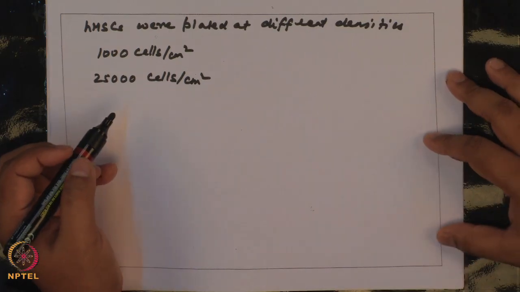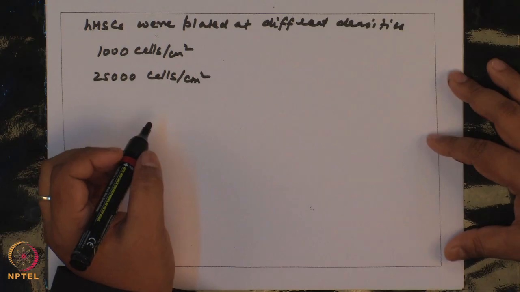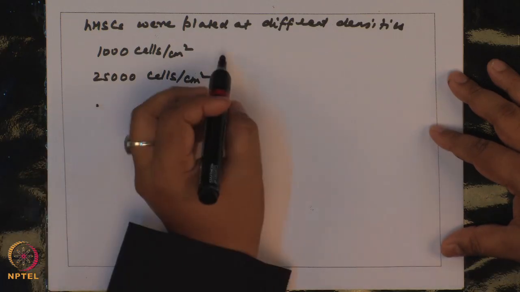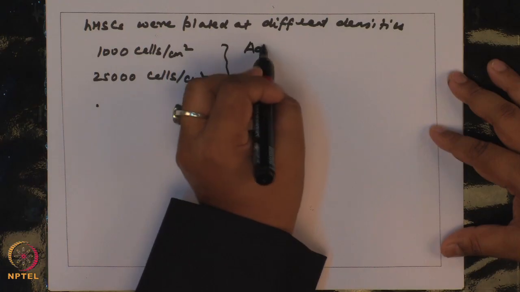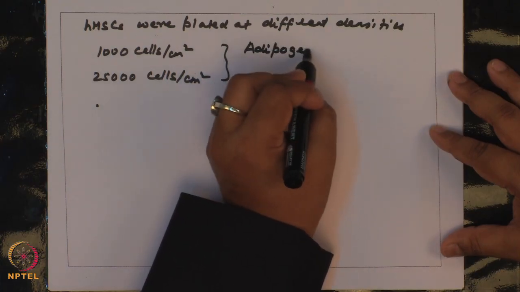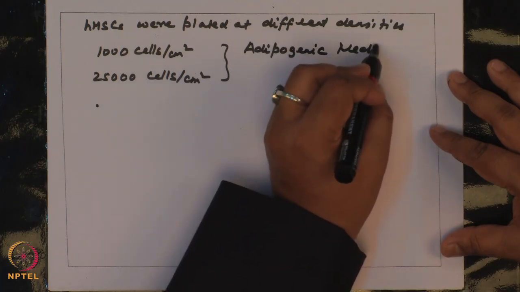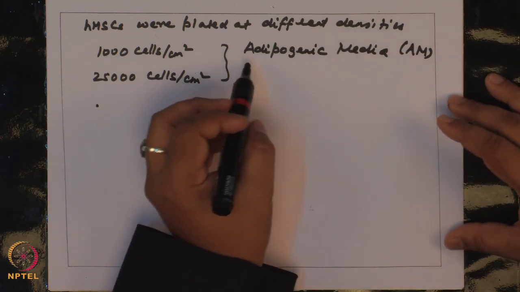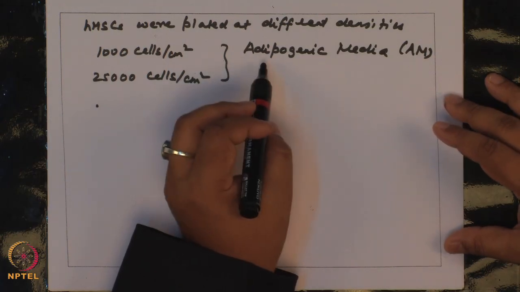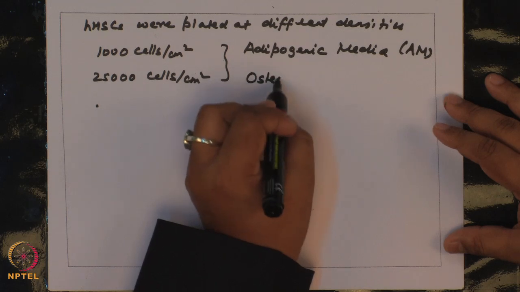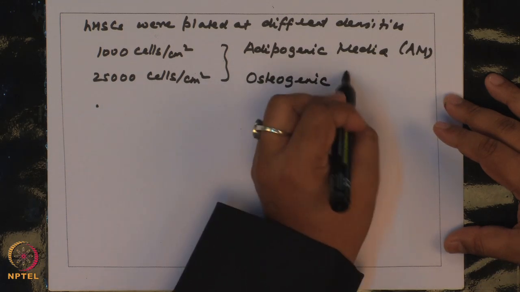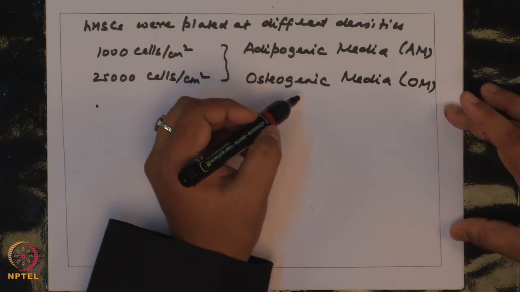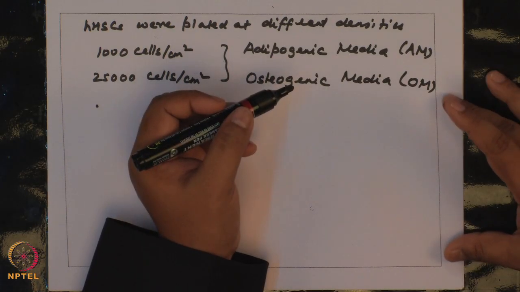And then they also added one more factor, which is the soluble or growth factor. They also did these experiments in the context of adipogenic media, which would typically induce differentiation of HMSCs into adipocytes, or osteogenic media, where the chemical factors present in this media induced osteogenic differentiation.